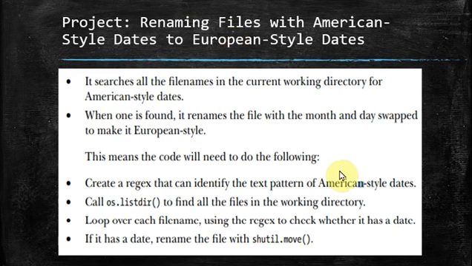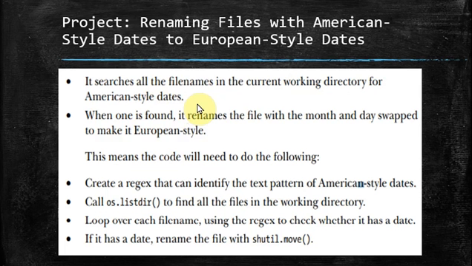What all will be done is given here as steps. This particular project is going to search all the file names in the current working directory for American style dates. All the file names which have American style dates in their name will be searched. There can be other files which don't have a date in the file name.